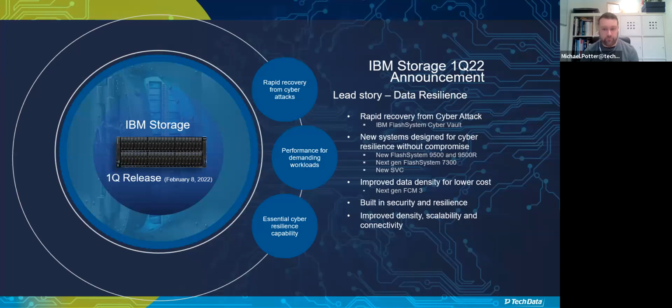The idea is that all these systems have had a performance boost, the 9500 and the 7300, so that if you have a performant workload, we can have that running on the system, but then add extra features such as Safeguarded Copy and not impact that workload. That is one of the purposes. So built-in security and resiliency, that's what we're talking about. Improved density, scalability, and connectivity. We'll get to that, but that's a whistle-stop tour of what we're looking at from the new systems.